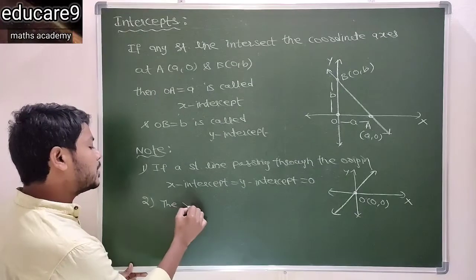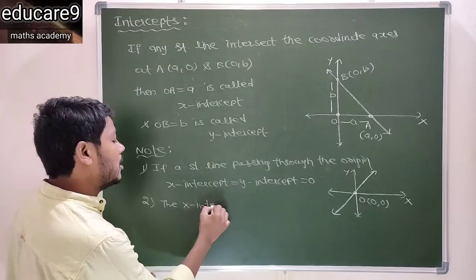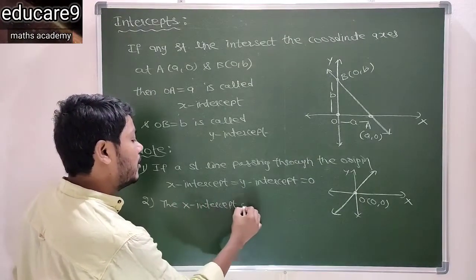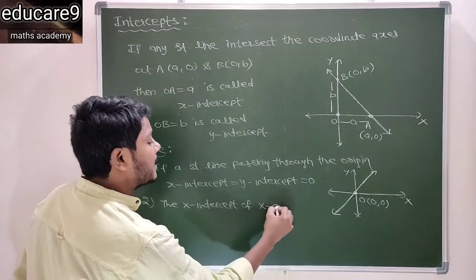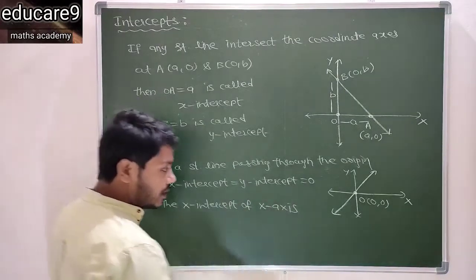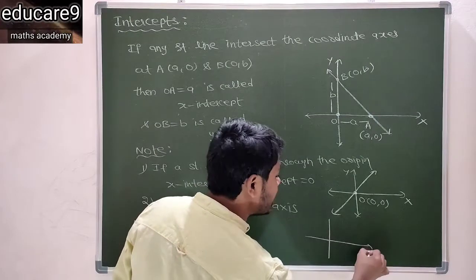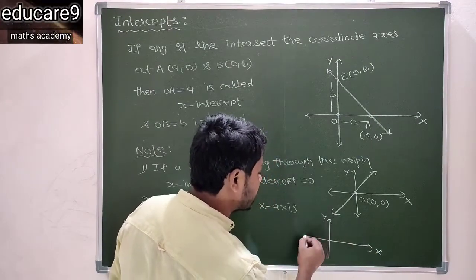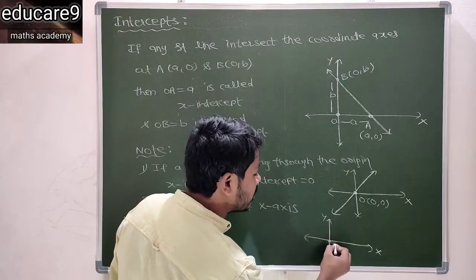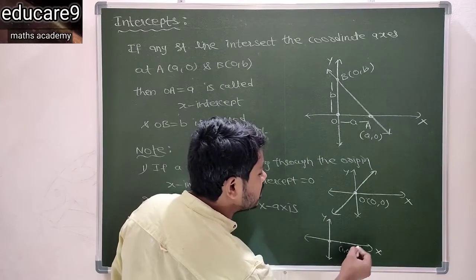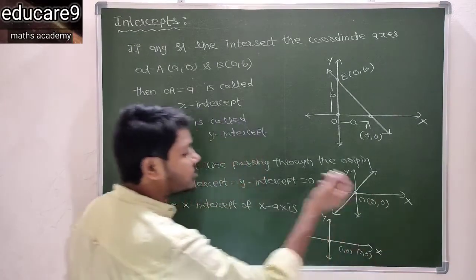And second one, the x intercept of the x axis. See here, this is the x axis and this is the y axis. On the x axis, what are the points? (1, 0), (2, 0) and so on.